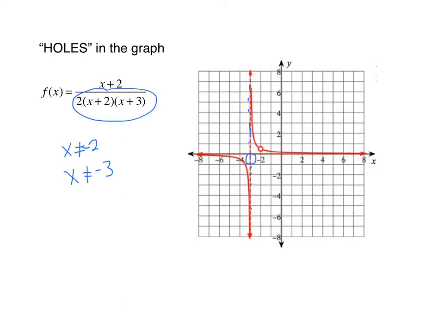But at -2, we actually have what is called a hole in the graph instead of a boundary. That is because when you go back to the rational function, we see that this x value cancels out because the numerator also has the same factor, x plus 2. So in this special case, because the factors x plus 2 cancel out, this excluded value ends up being a hole rather than an actual vertical boundary. Those are special cases.